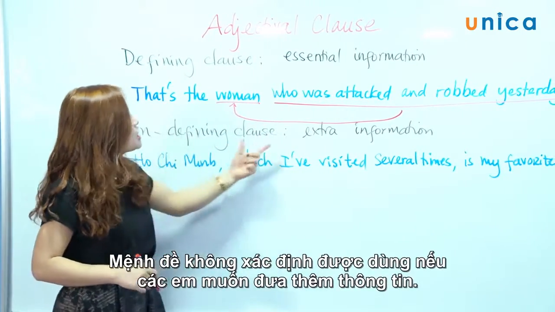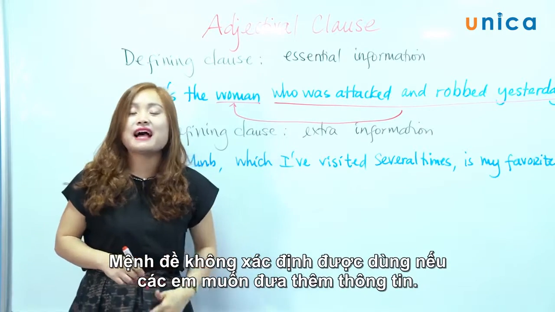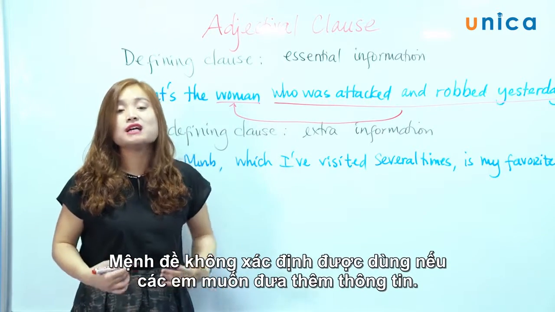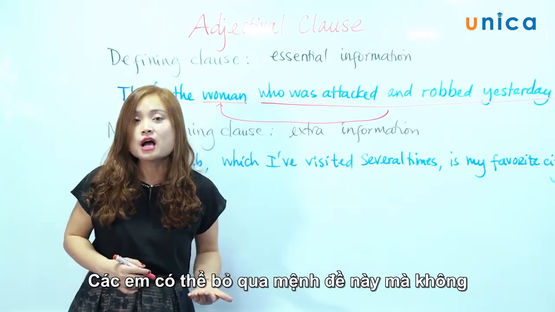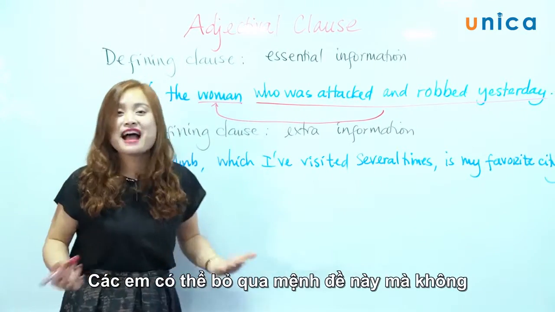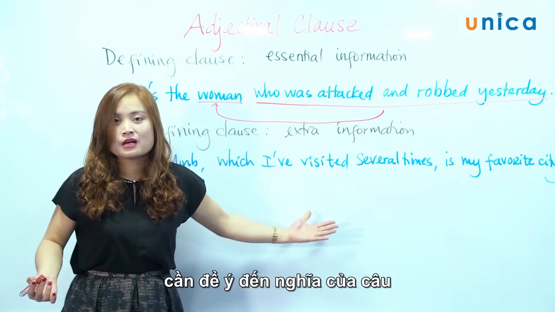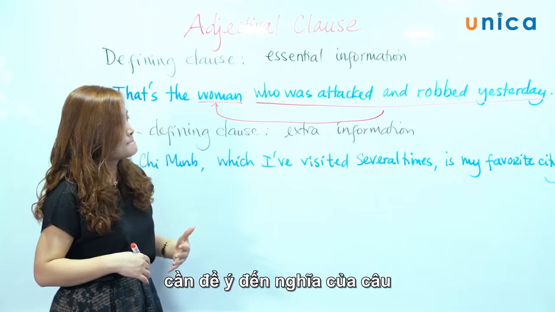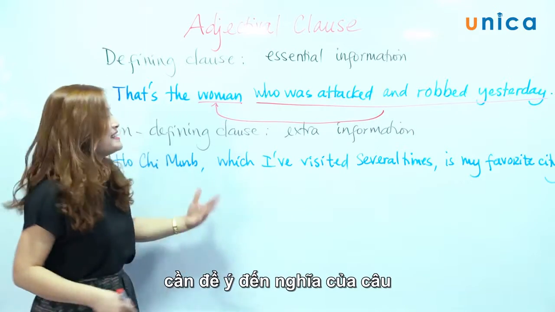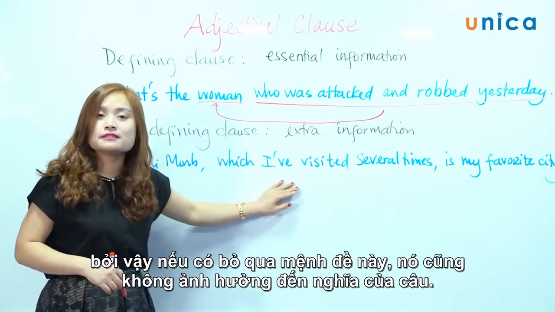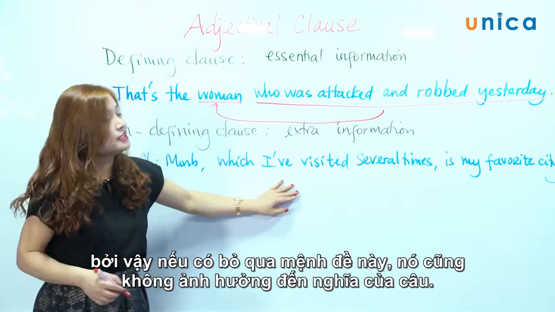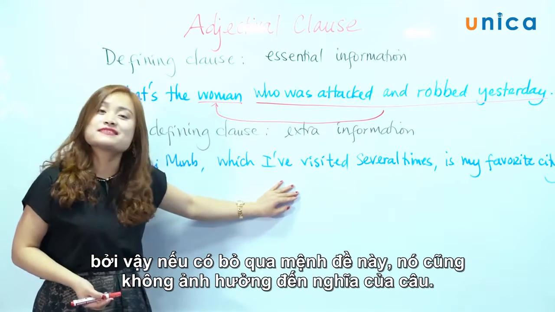So non-defining clause is used if you want to give extra information or additional information. So that means you can omit or leave out this clause without worrying about the meaning of the sentence. So if you skip this one or omit this one, then it won't affect the meaning of the sentence.